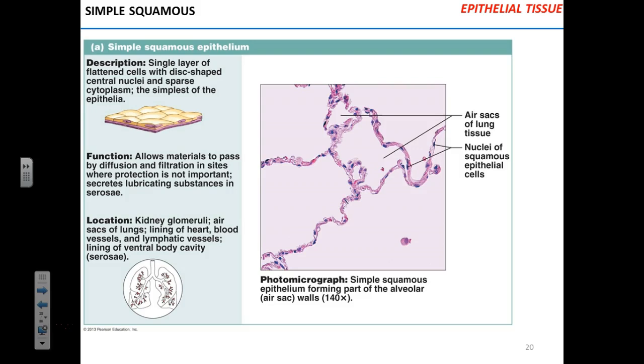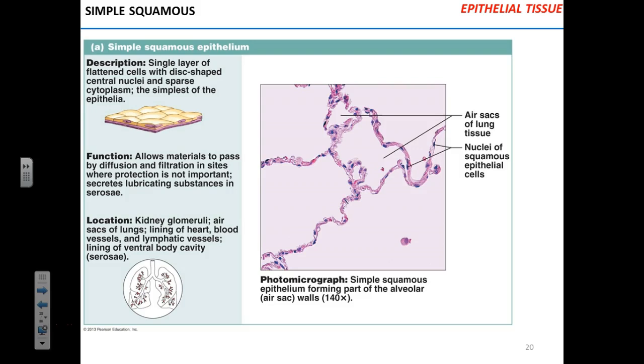Cells are fairly flat, thin, that's kind of it. I don't know what else to say. They're flat and thin, okay? So if you think about them forming a barrier, that's going to be a lousy barrier, very penetrable.